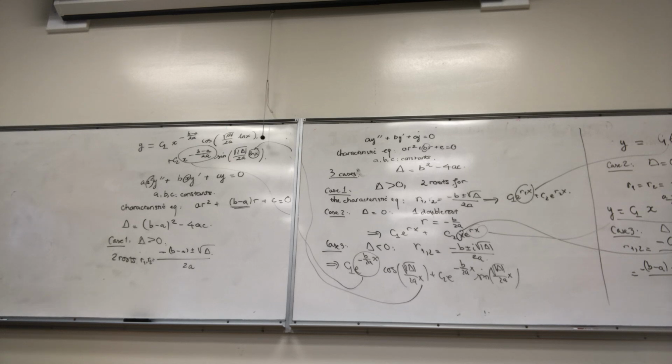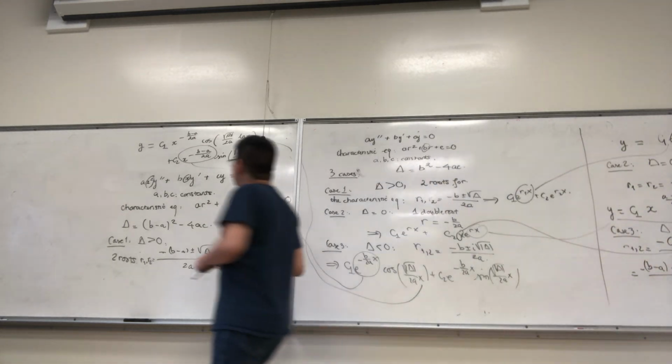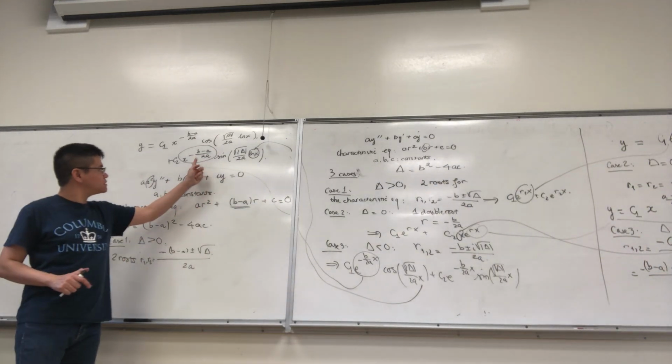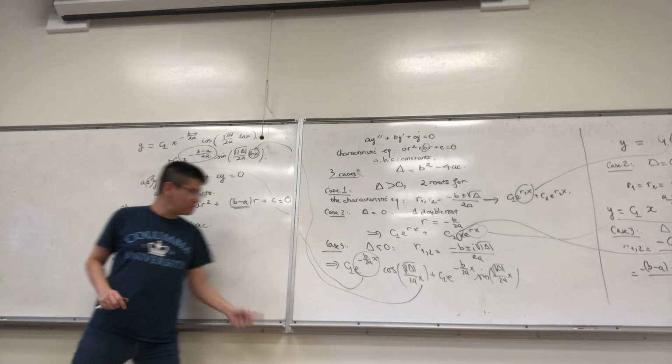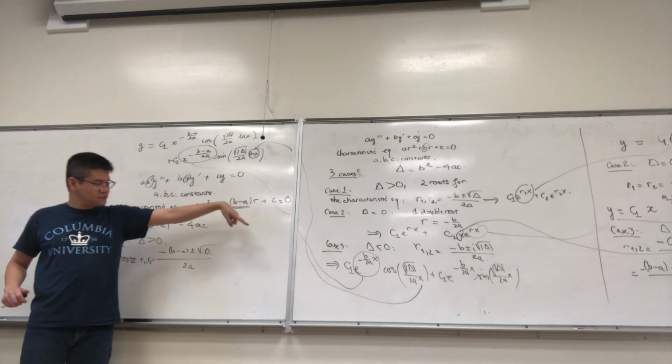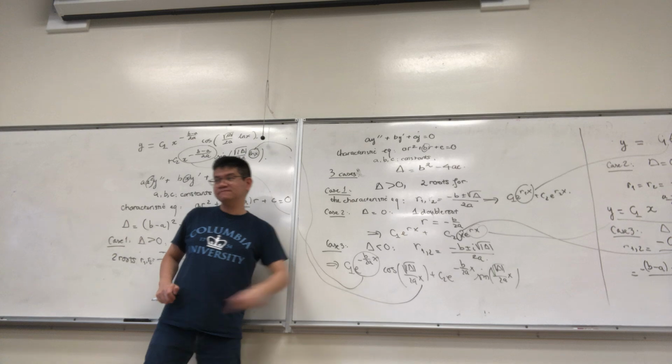When delta is negative, you still have the two roots r1,2, which are minus (b minus a) plus or minus square root of delta over 2a. But because delta is negative, you have to take the square root of a negative number, which means that you have to introduce an i here. The two solutions will be the same, except that you replace the exponential by the polynomial, and the sine and cosine of x by the log x.